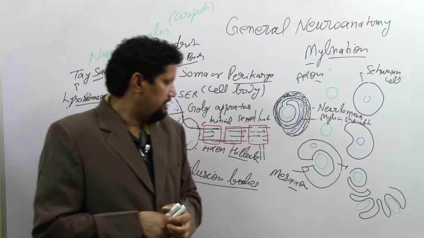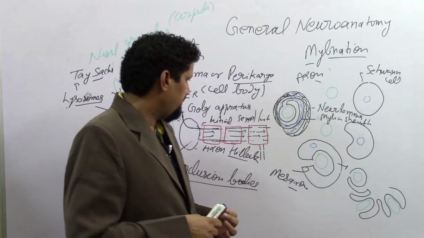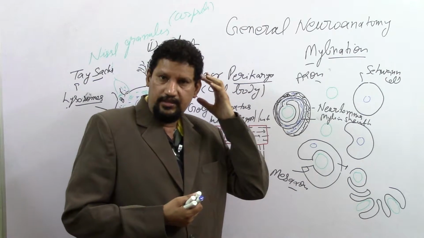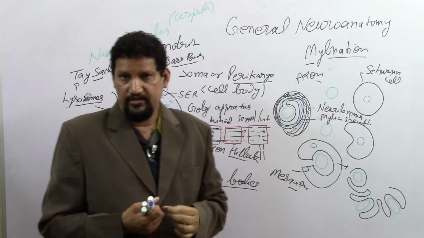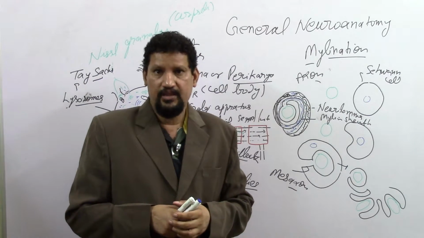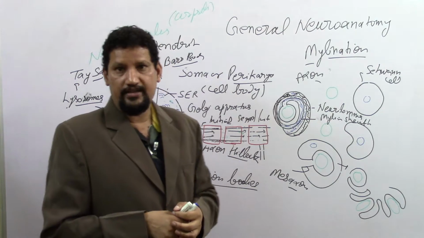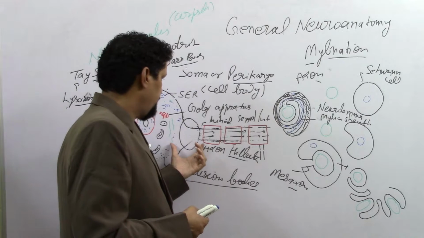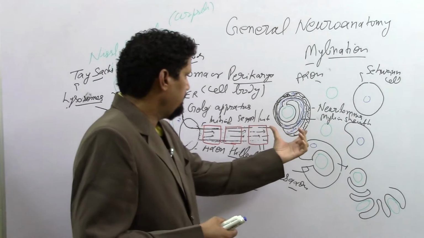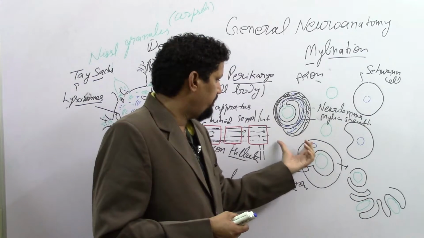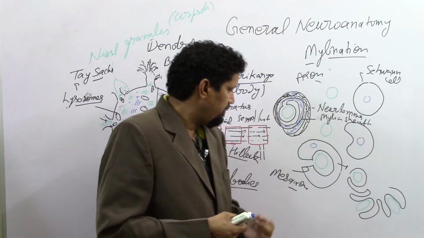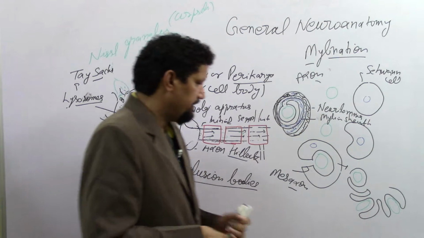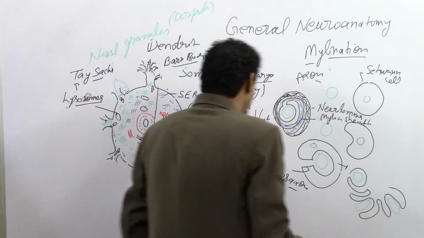These cells have the capacity to receive impulses from the outer environment and transmit them to the central nervous system, the highest center of consciousness, that is the cerebrum, and bring the motor command towards the muscles and the glands. So this was the structure of the neuron, and this is the process of formation of the myelin sheath in case of axons. So this is the formation of myelination.